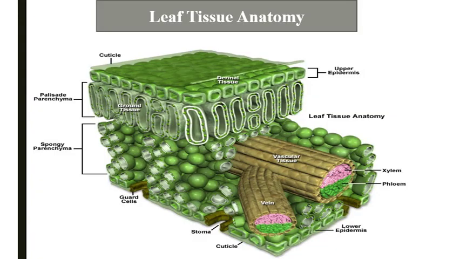This is the complete anatomy of our entire leaf structure, in which you can see the epidermis, upper and lower epidermis, and cuticle, the waxy cuticle layers which protect the leaf or plant from water loss. So we will discuss one by one all this.